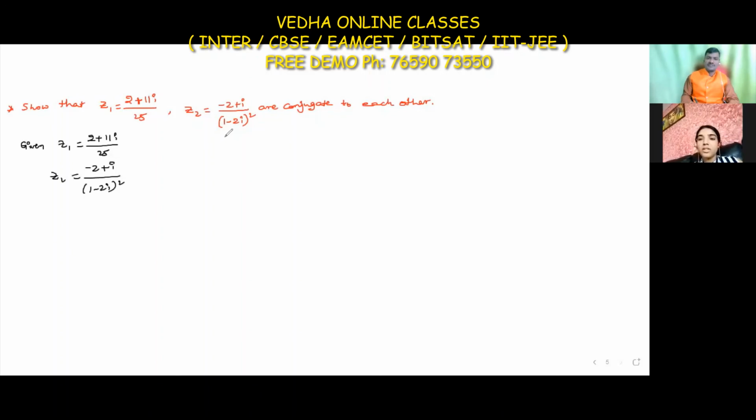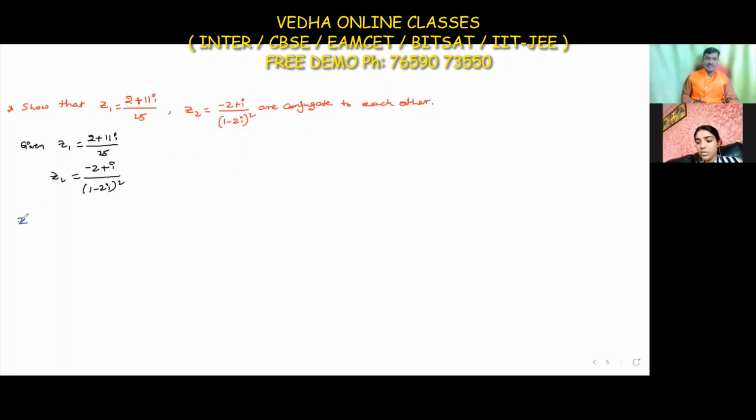The sign changes. The conjugate of x plus iy is x minus iy, and the conjugate of x minus iy is x plus iy. Z1 is already in simplified form, so I am taking Z2 and simplifying.